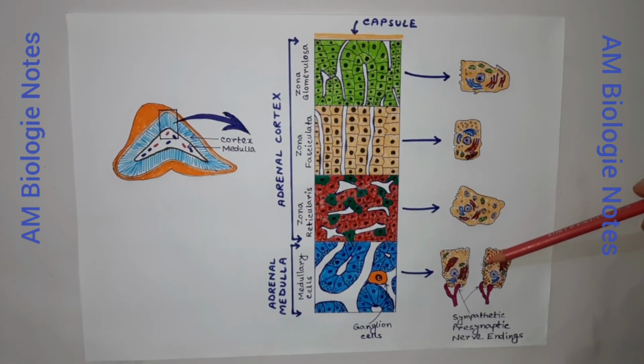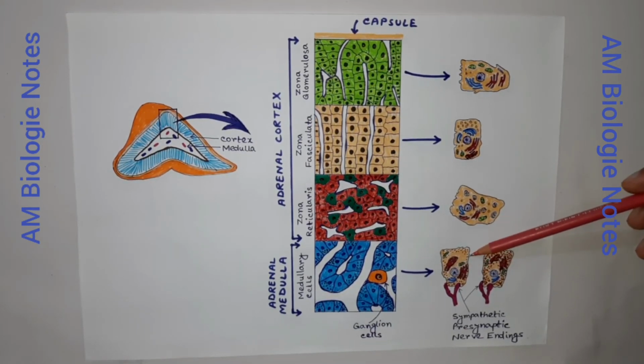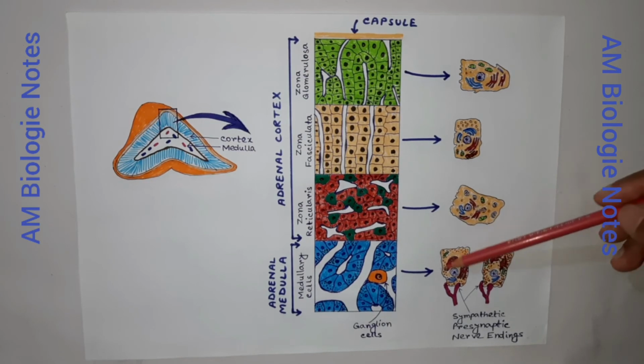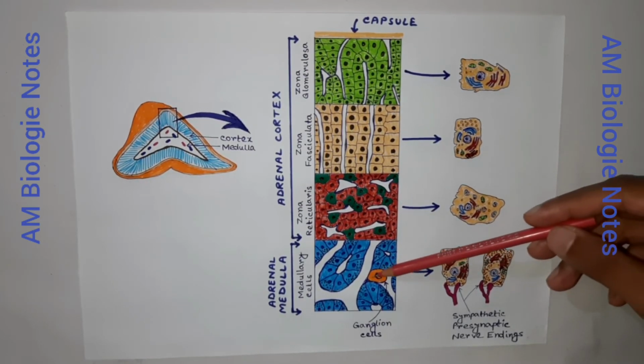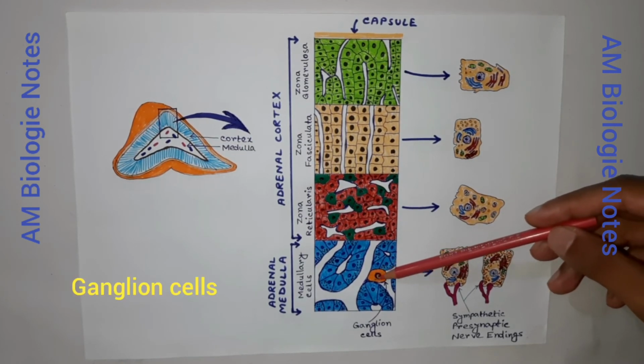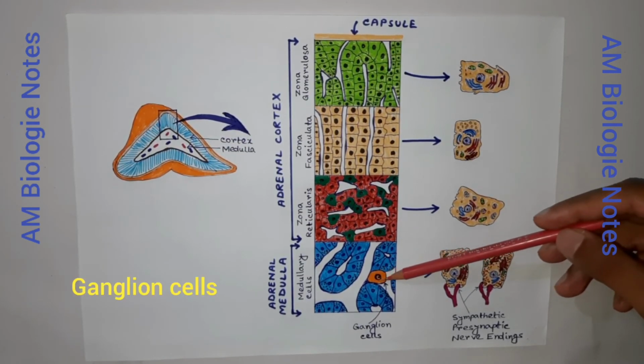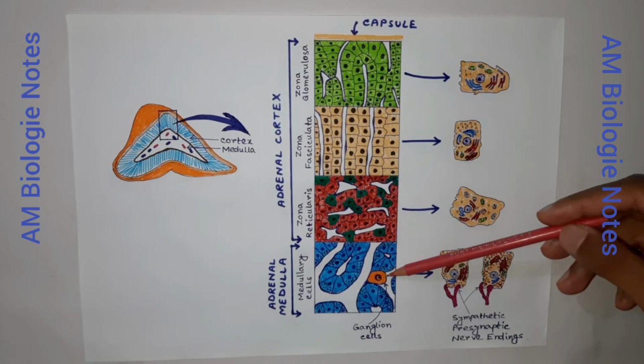The chromaffin cells are responsible for secretion of norepinephrine and epinephrine. There are other cells known as ganglion cells also present in the medulla.